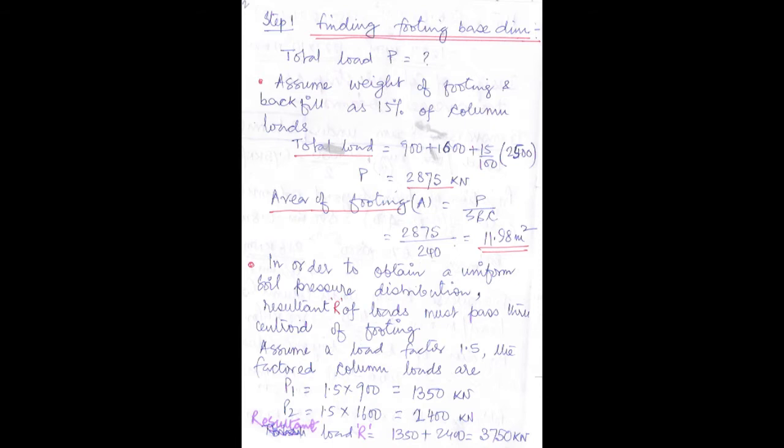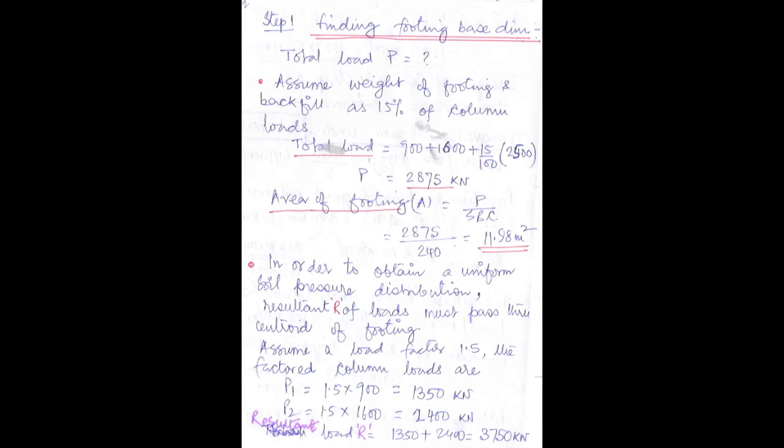Okay, as we are following the limit state method of design in my video, you know that there we assume a load factor. So assuming the load factor as 1.5, the factored column loads will be P1 is equal to 1.5 into 900, that is 1350, and P2 is 1.5 into 1600, that is 2400 kilonewton. So this is our factored load as we are following the LSM. What will be the resultant load?